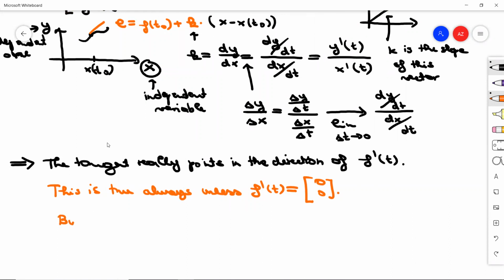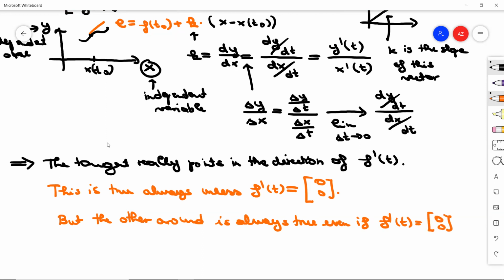But the other way around is always true, even if the derivative of f at t is 0. Indeed, in that case, the derivative of f at t is 0 times the tangent.